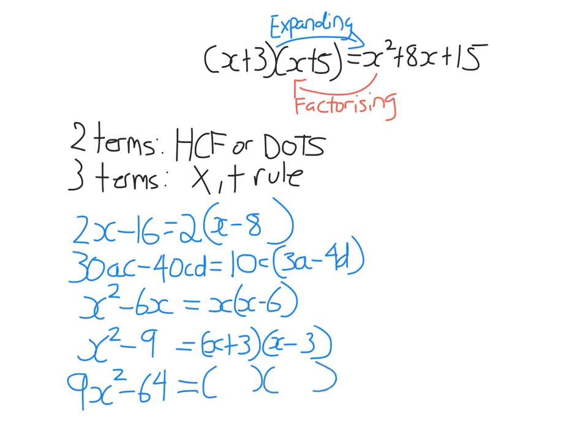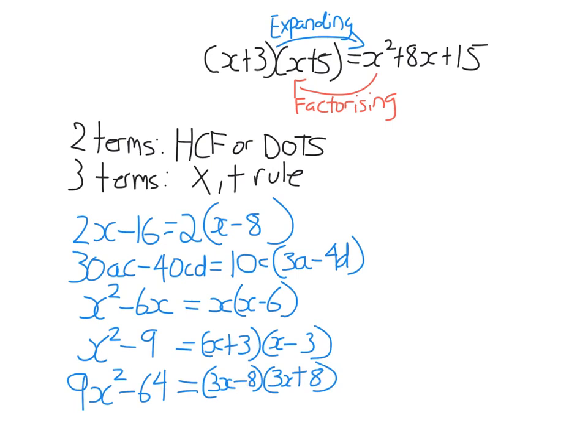I square root the first term, so square root of 9 is 3. Square root of x squared is x. 3x times 3x gives you 9x squared. Then I square root the second thing. Square root of 64 is 8. 1 gets a minus, 1 gets a plus. If I were to expand this, I would get this.